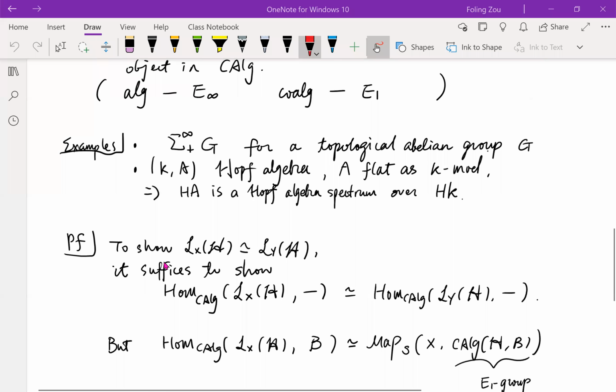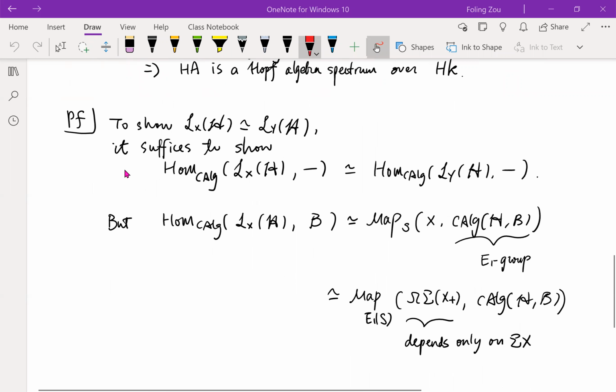Okay, so I will explain the proof very briefly here. Our goal is to show that in that case, the Loday construction on X is equivalent to the Loday construction on Y. And to show that, it suffices to show that the representable functors are equivalent.